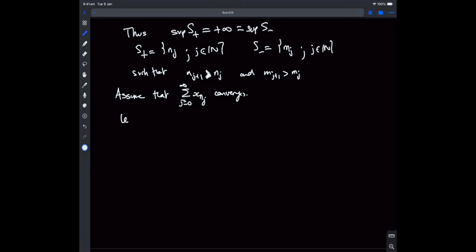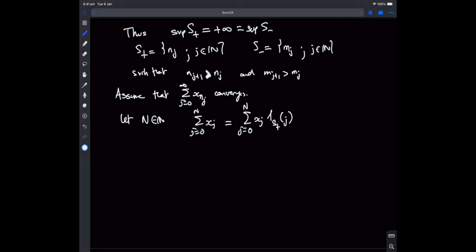Right, so let's do this by contradiction and assume that the sum of the x_{n_j} converges. Okay, let's look at a finite sum of x_j's up to some number capital N. Now I can split it into two finite sums. The sum of the x_j whenever x_j is non-negative, that is to say when j is in S plus.